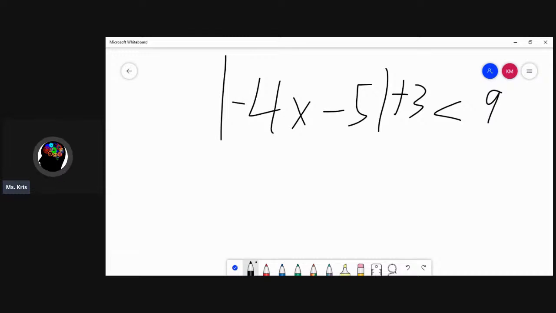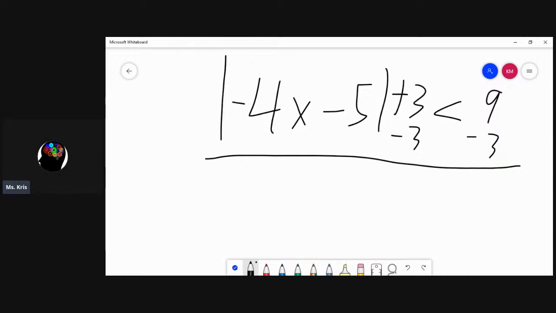Now, if you see with the inequality, since it's less than 9 and it is positive, we can continue with our solution, right? So first thing we must do is get the absolute value by itself. By doing so, I am subtracting 3 on both sides.